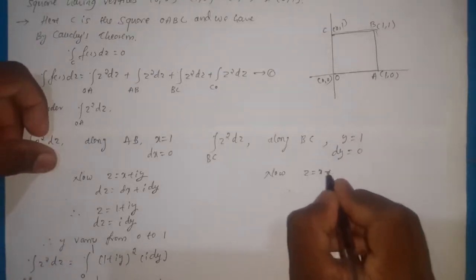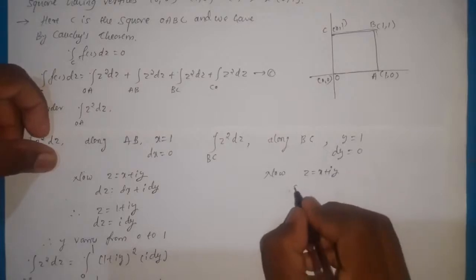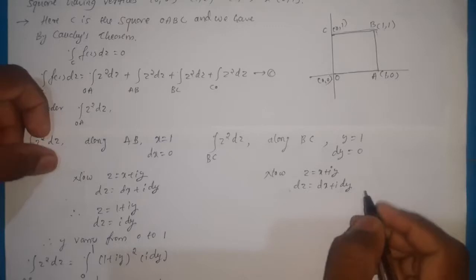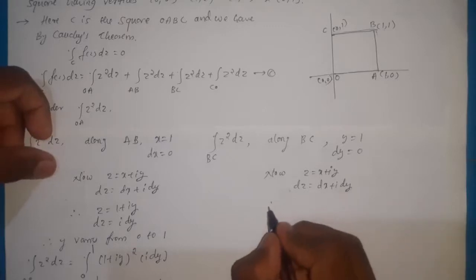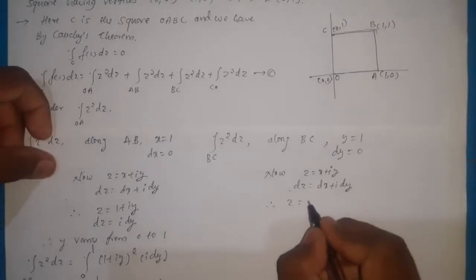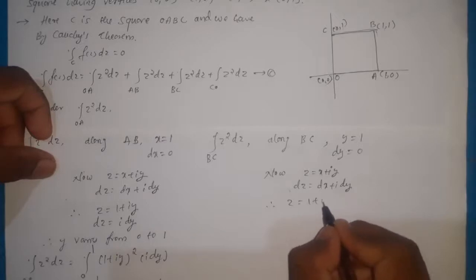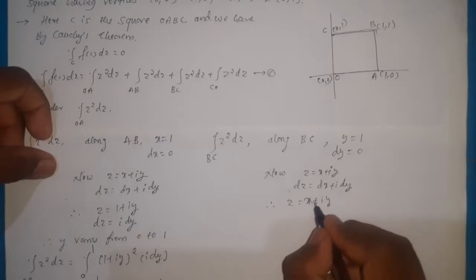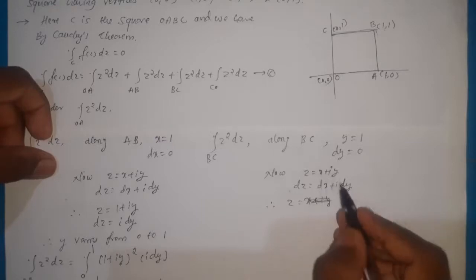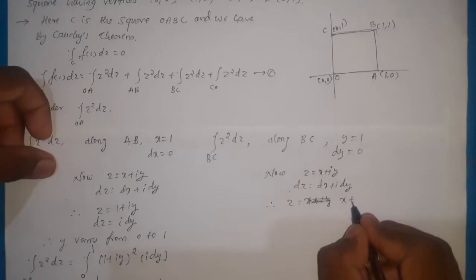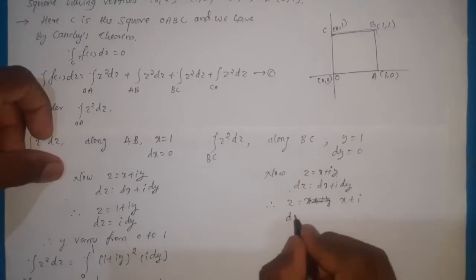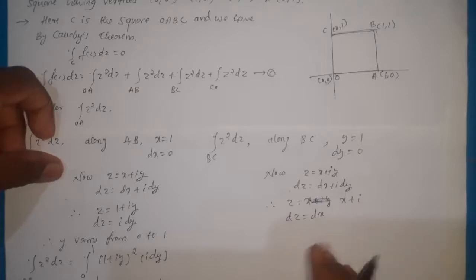And now z equal to x plus iy, dz equal to dx plus I dy. So therefore here z becomes, sorry, x plus I, because x plus iy is there, so that becomes x plus I, since y is equal to 1, and dz equal to dx.